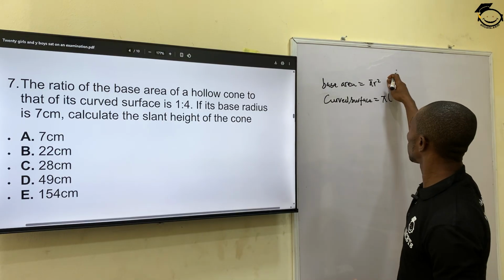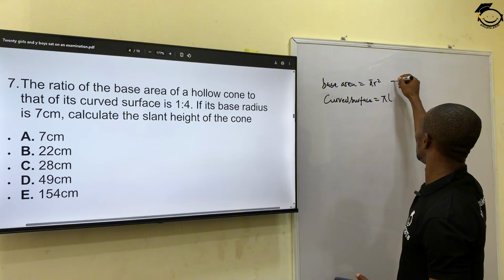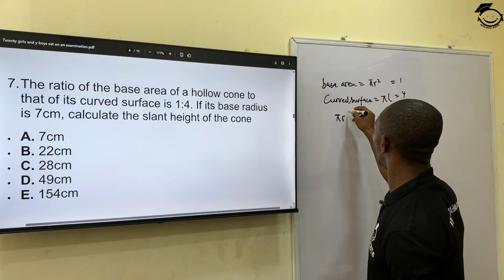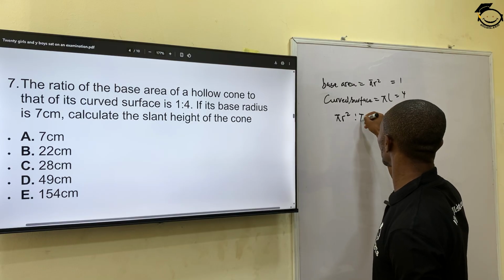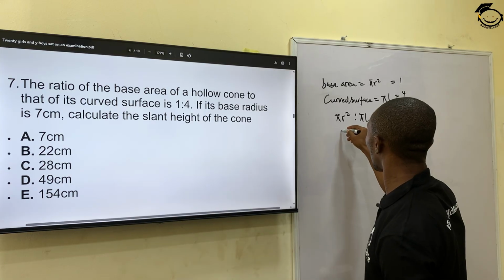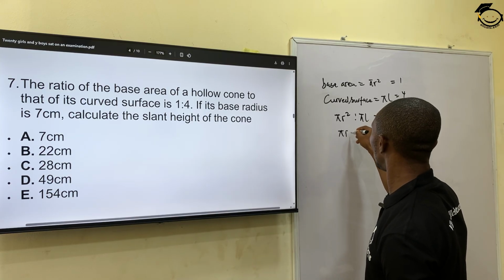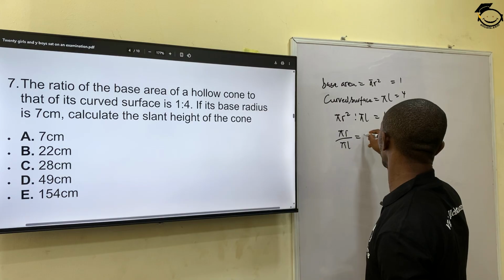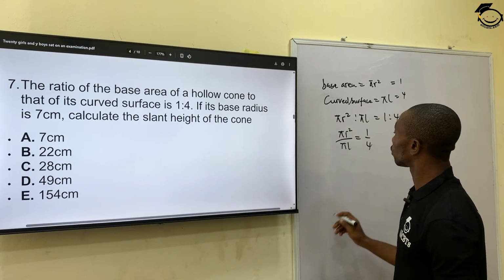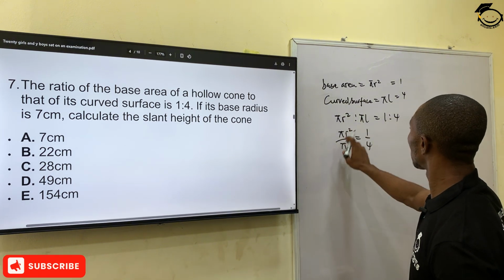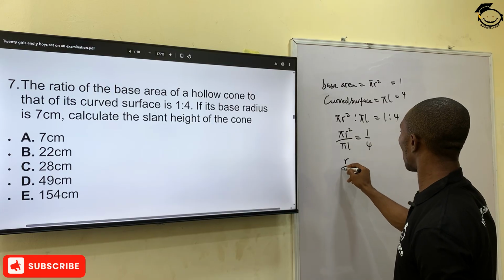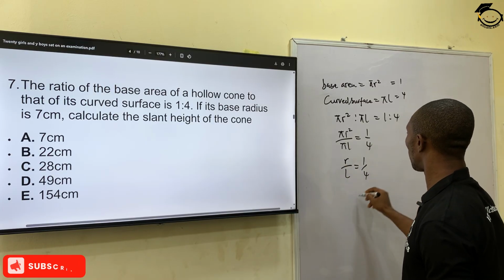They said the ratio of base area to curved area is 1:4, so in other words pi r squared over pi r l equals 1/4. This gives r over l equals 1/4.